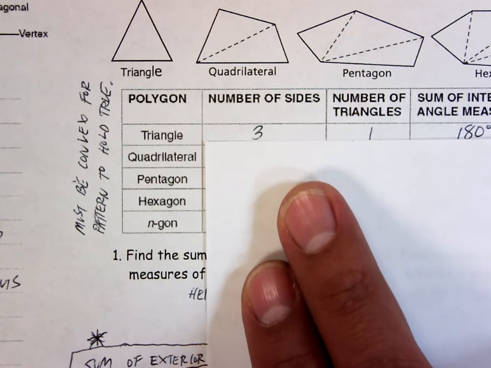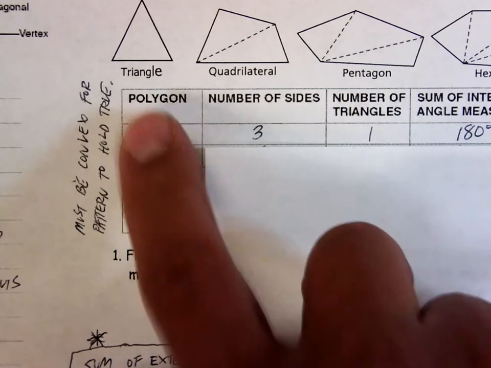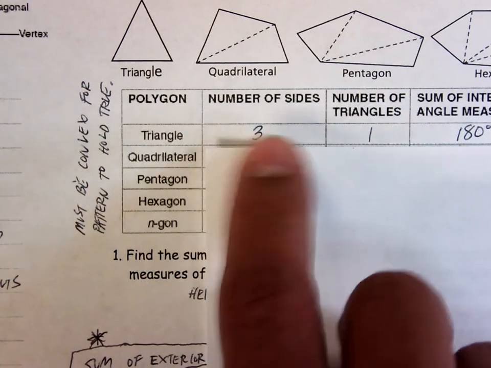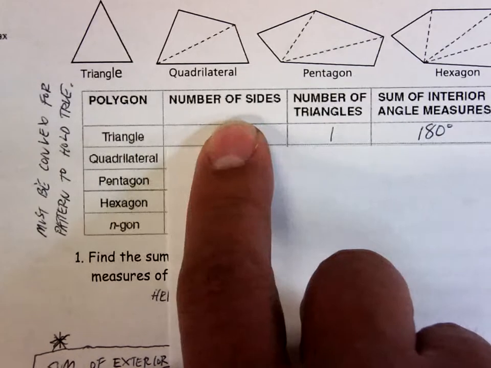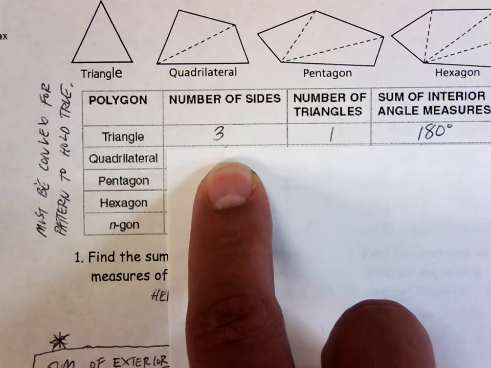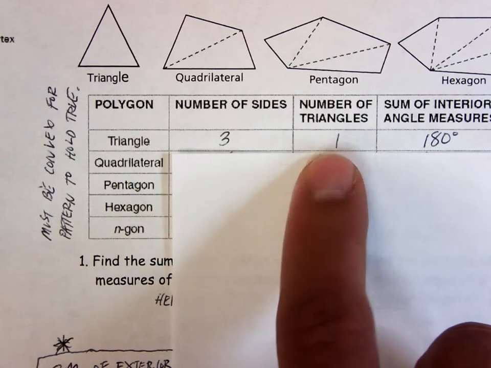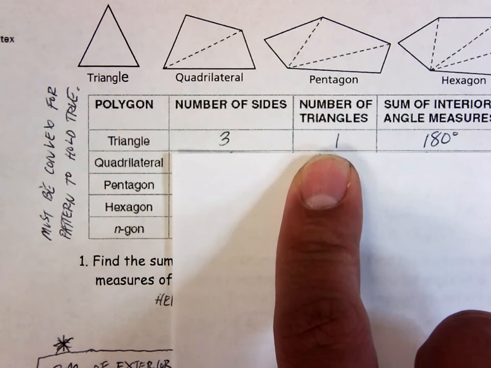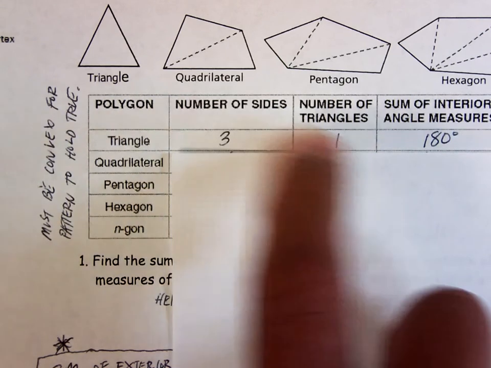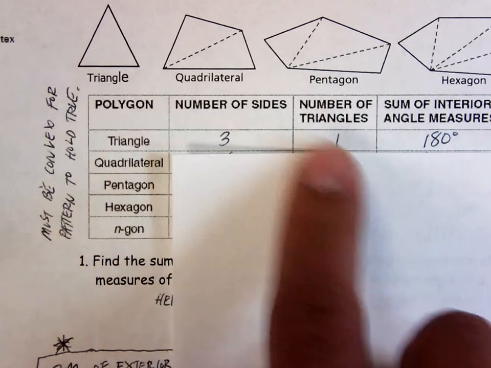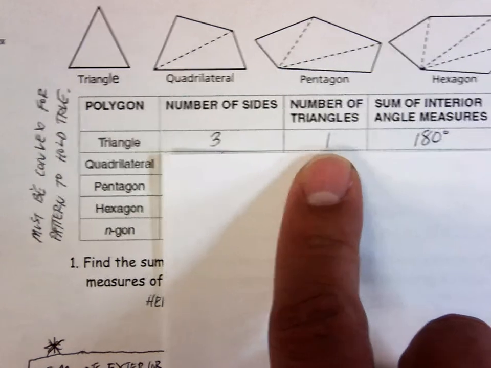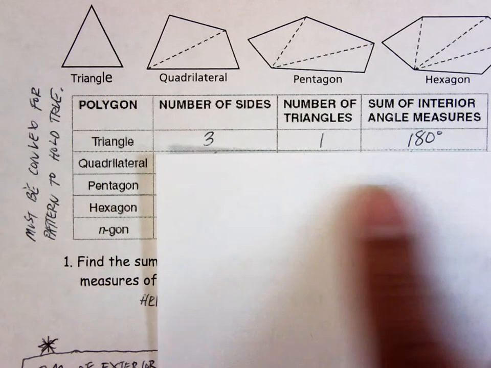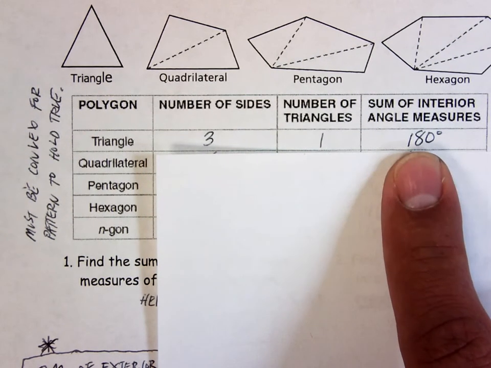First one we've talked about, we should know this. Triangle. Triangle is my polygon. Number of sides in the triangle, again, we should know it is 3. Just ask yourself, how many triangles do I see in the picture? Obviously, I just see one. And if I add up all the measures of the interior angles, it equals 180 degrees.